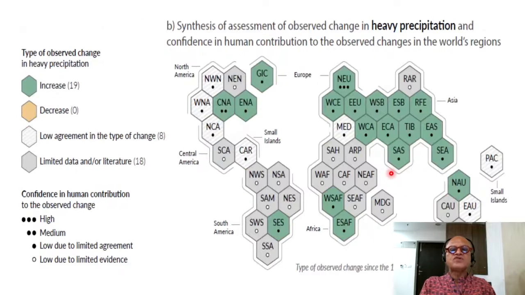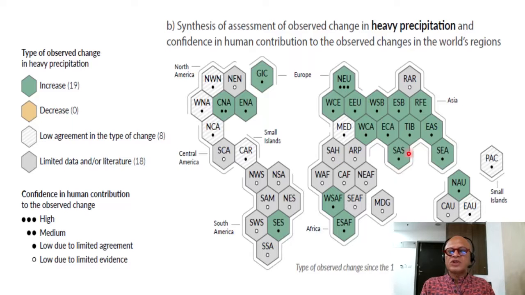And when you move to synthesis of assessment of observed change in heavy precipitation and confidence in human contribution to the observed changes in the world's precipitation, so increase, decrease, low agreement in the type of change, and limited data and/or literature. I just want to point out that there are large regions. As we said before, precipitation continues to be difficult for modeling, for observing, for extracting change with great confidence, and so on.